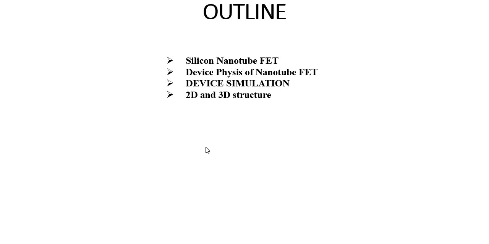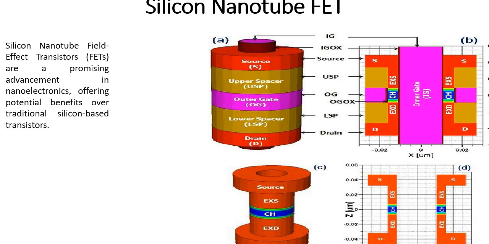So let's just find out what is silicon nanotube field effect transistor. Basically, a silicon nanotube field effect transistor is a transistor which is created by silicon nanotube. Now, as we know, a nanotube is hollow inside.